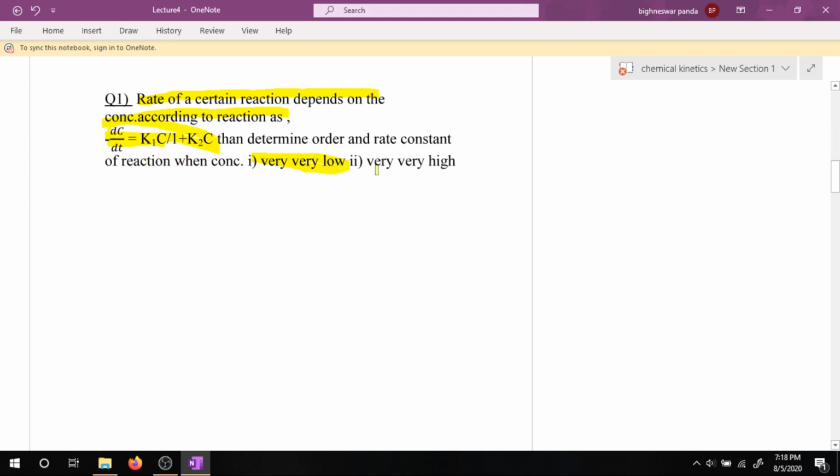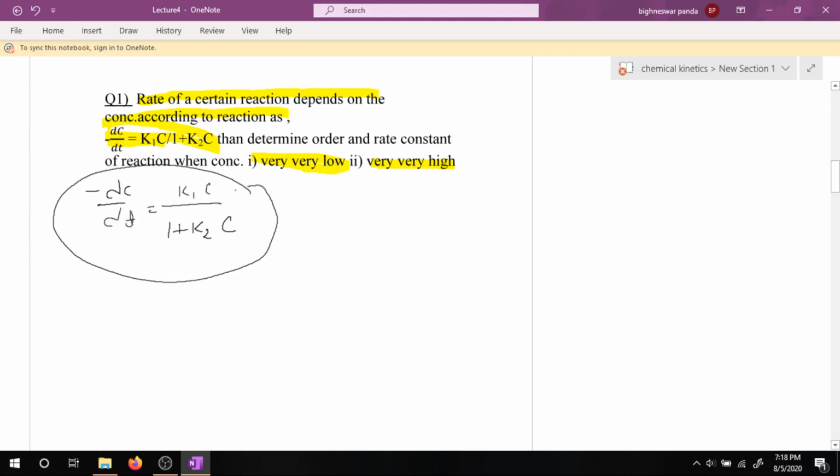Two points are given: when the concentration is very low, and when it is very high. So let's start. What is given here? Minus dC by dt is equal to k1 C divided by 1 plus k2 C. This is the change in concentration.